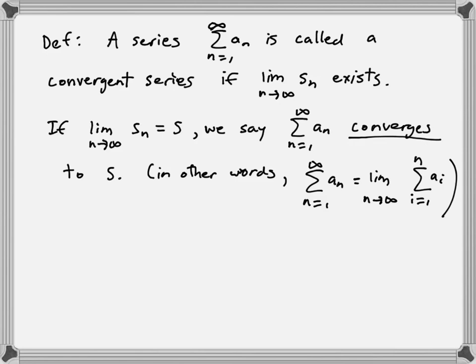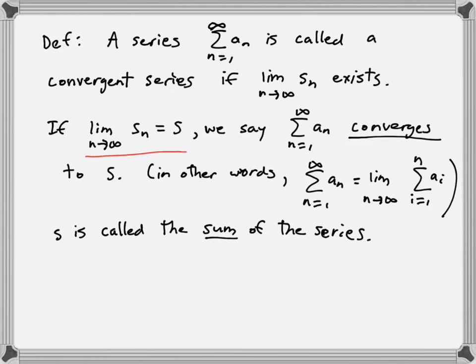Now, let me just say one more thing. S is called the sum of the series. Okay, so a series, think of it as an infinite sum, and it converges to a number, or it equals a number, if the limit of the partial sums is equal to that. That's what this part means right here, the limit of the partial sums. Okay?